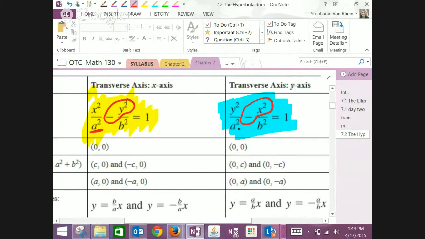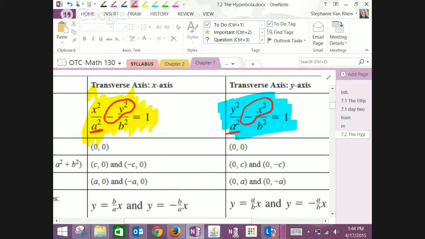So A is under the positive term. If the positive term is x, that means it opens left or right. In the center, A is the number that's from the center to the vertex. And it's going to open left or right.